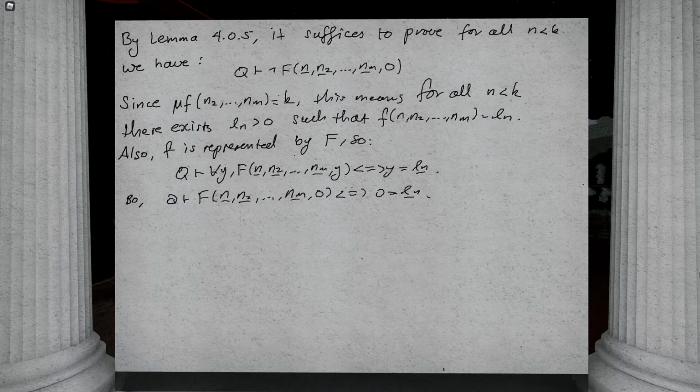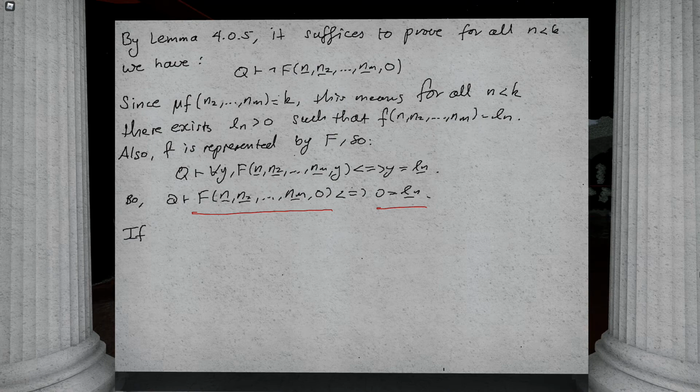And what this means is that if it were the case that this held for some N less than K, then I would be able to show that 0 is equal to the underline of Ln for some N less than K, right?